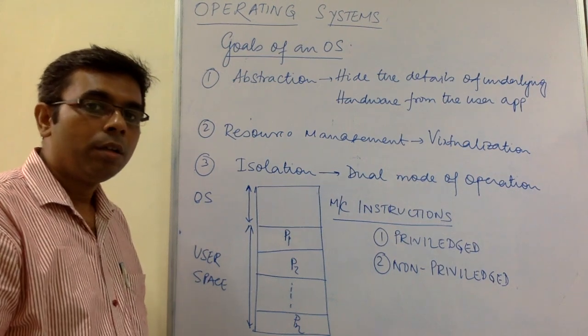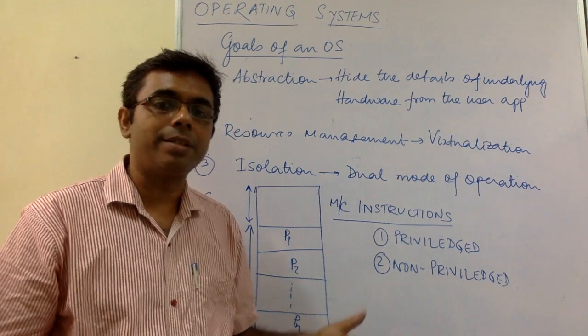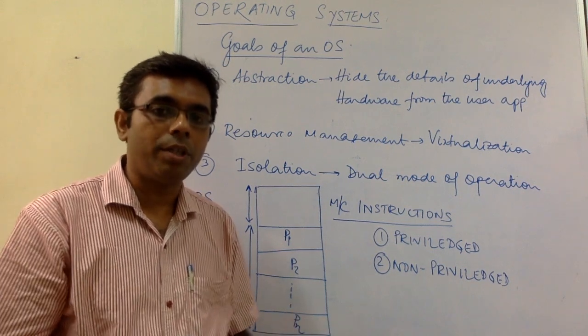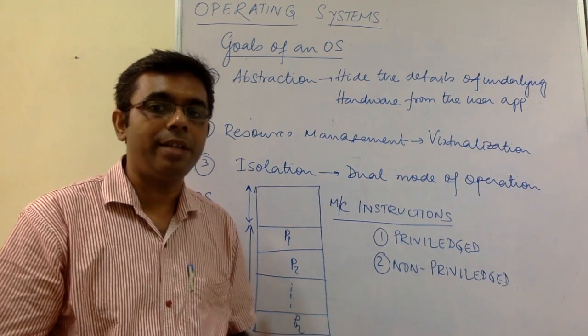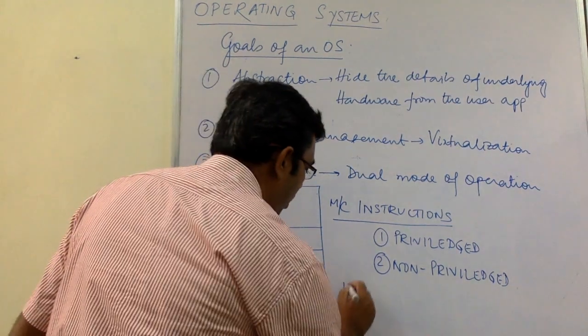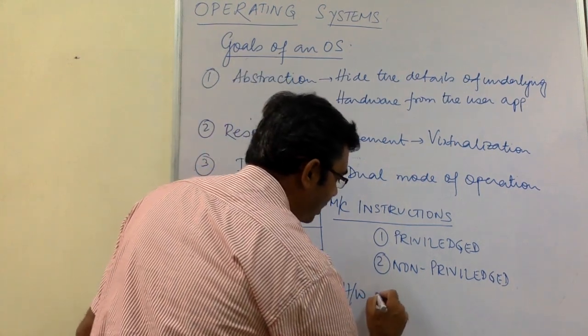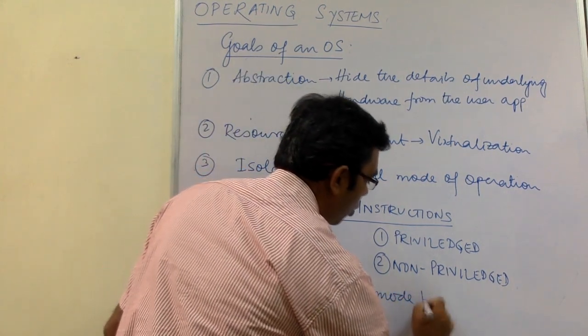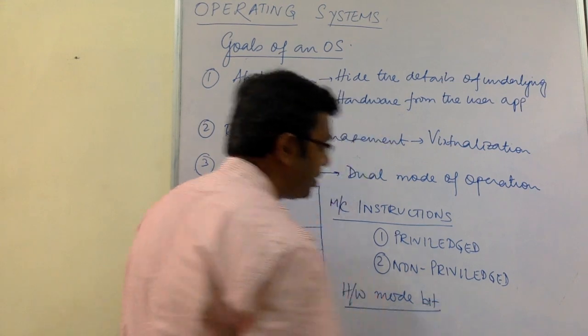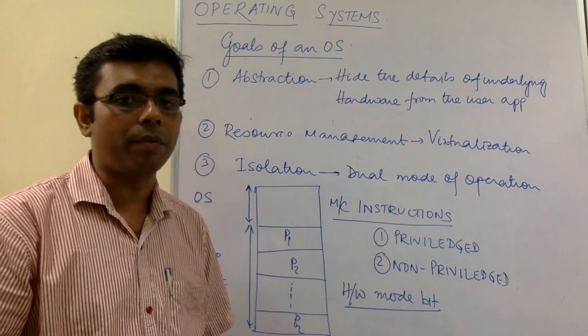But whose instructions are they? The machine instructions. As a result, the hardware of the machine should also participate in deciding what is privileged and non-privileged. So the CPU has a mode bit that decides whether the CPU will be executing privileged or non-privileged instructions.